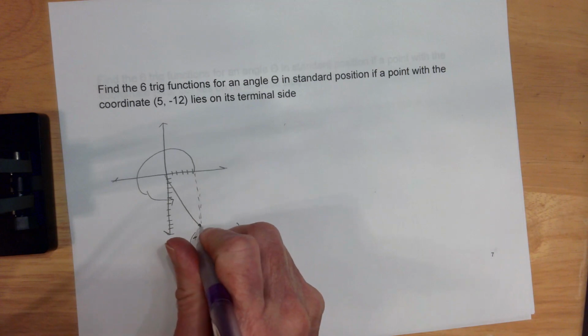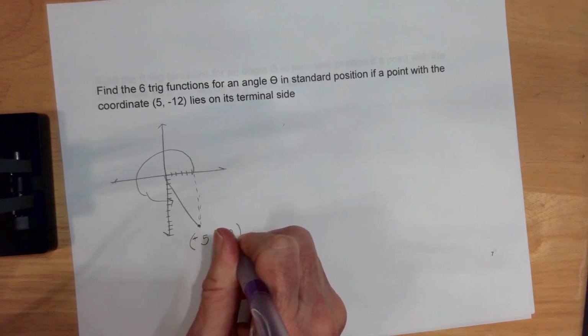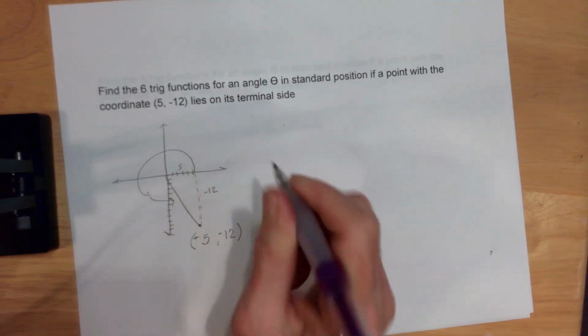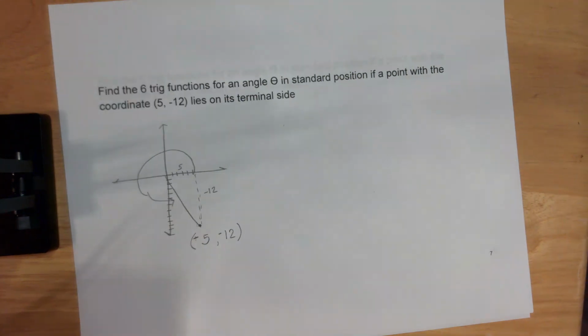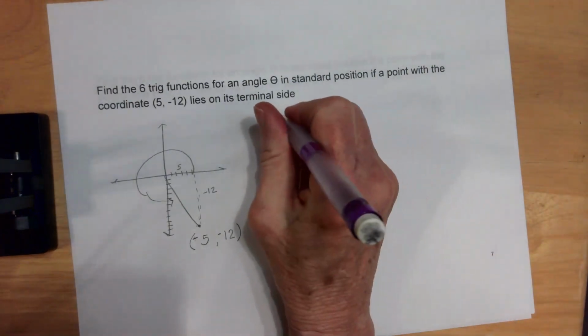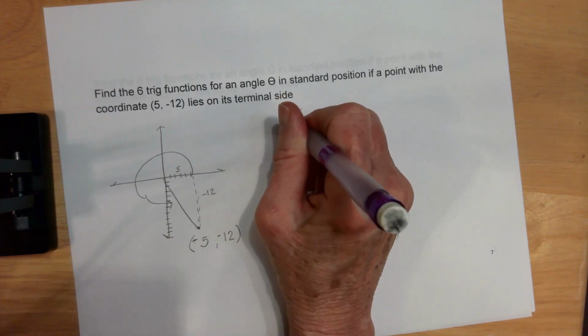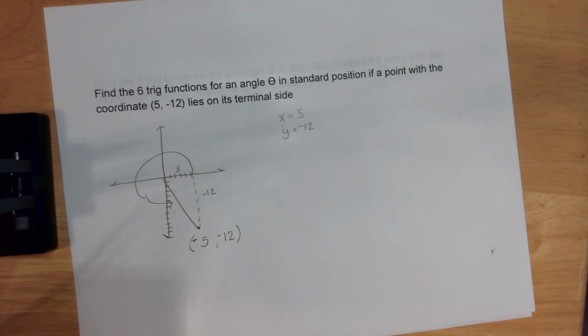Now, I already know this point. This is the point 5, negative 12. So this is 5, this is negative 12, and all I would have to do is the Pythagorean theorem to find what that point is. So x is equal to 5, y is equal to negative 12. Now, your r is always going to be positive.